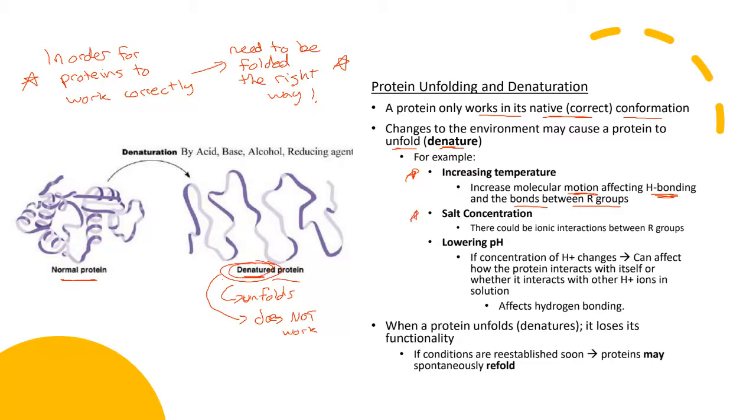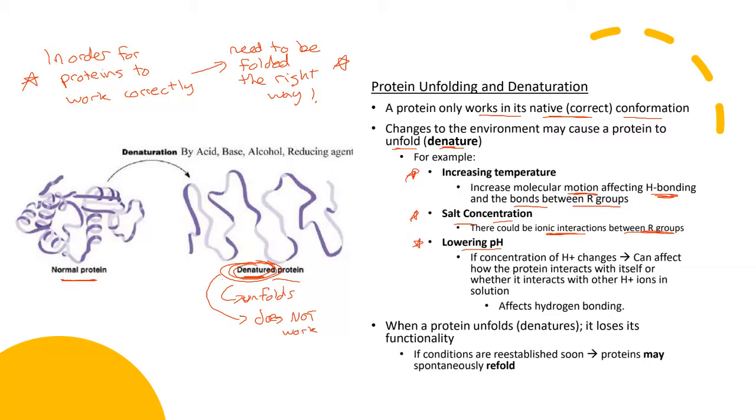What about if you add them into a salty concentration? Well, because salt is an ionic compound, it could disrupt ionic interactions between R groups. So it's going to disrupt these interactions between different R groups, and again, the protein is going to unfold, is going to denature. What if you lower the pH?